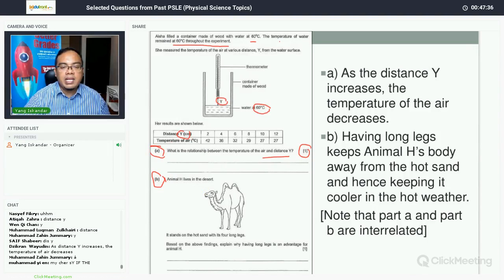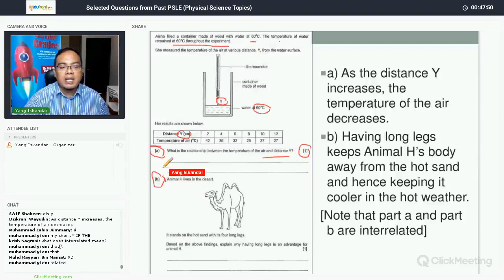Please remember, if you see any kind of question in the exam, science and even maths, you must always take note that part A and part B are always related. If not, they will not put part A and part B in the same question. Meaning that to answer part B, you need to refer to part A to give you the clues.